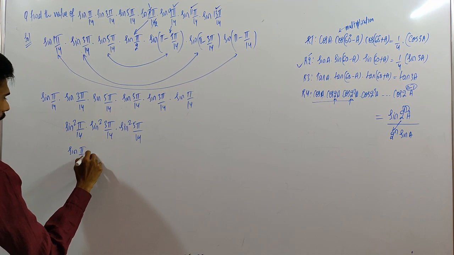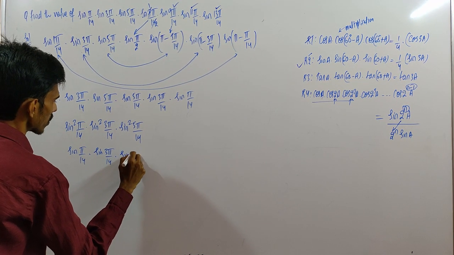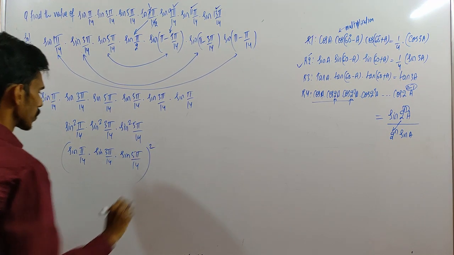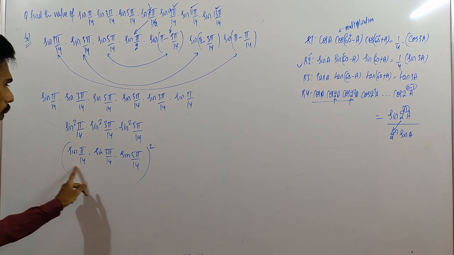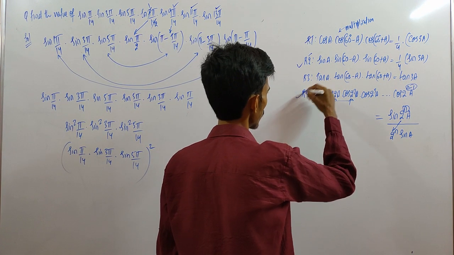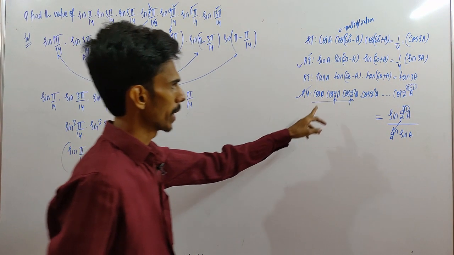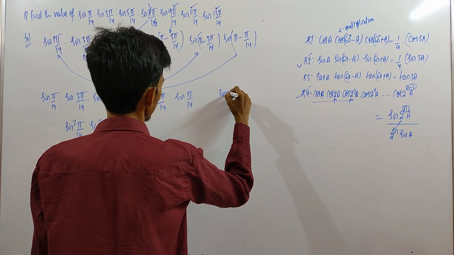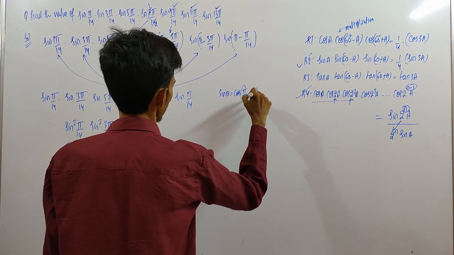Now write down sine pi by 14 into sine 3 pi by 14 into sine 5 pi by 14 whole square. Here we have product of all sine terms. Here we have product of all cos terms formula. If we convert this sine to cos, we will make use of this formula. We know that sine theta can be written as cos of pi by 2 minus theta.